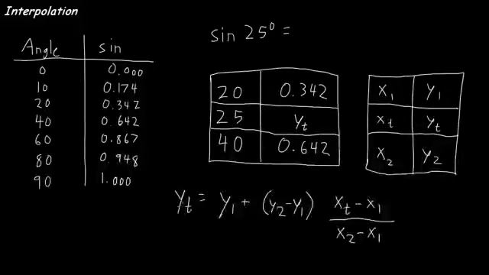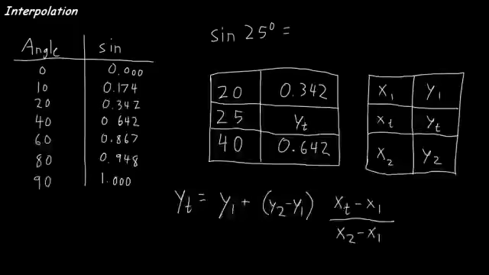You'll notice that yt is the unknown, everything else is known, so you can solve this for yt. Basically, what we're doing is checking, if we imagine 20 is at 0% of this line and 40 is at 100% of that line, what percentage along the line is 25? Well, there are 20 units between 20 and 40, and 25 is 5 units from 20, therefore 25 is a quarter of the way from 20 to 40.